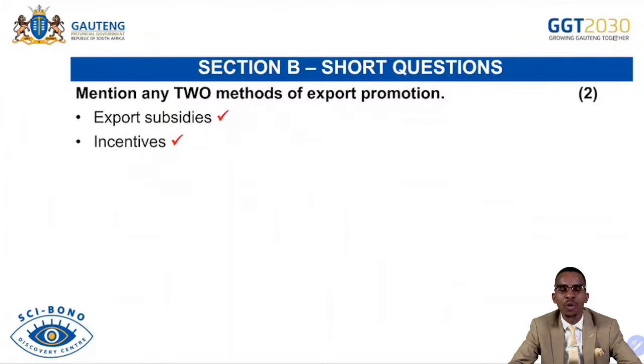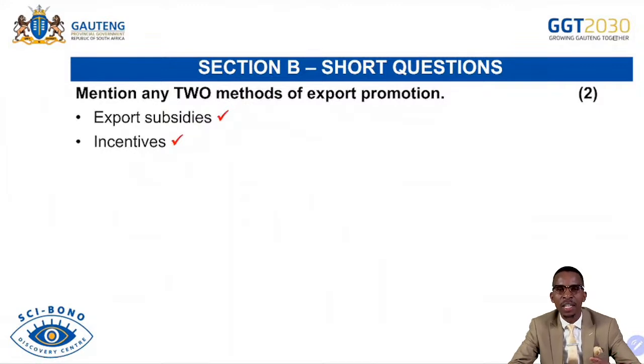In this case, we talk about those benefits that are given by the government to locally exporting businesses with the aim of supporting them to produce more goods and services for the global market. As these incentives are given to these businesses, they are able to produce more goods and services by spending less, because remember, an incentive is not cash given to businesses, but benefits given by the government in the form of tax benefits such as tax incentives, tax rebates, tax exemptions and tax refunds.